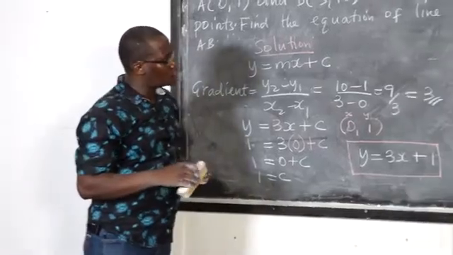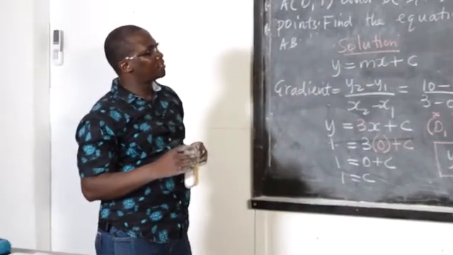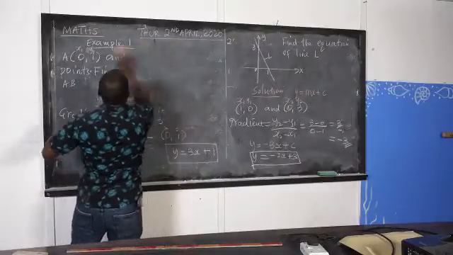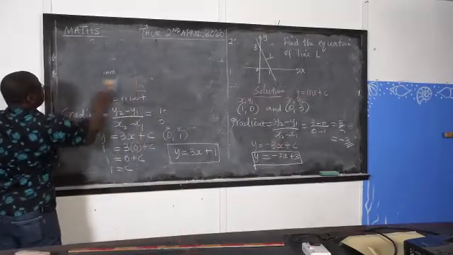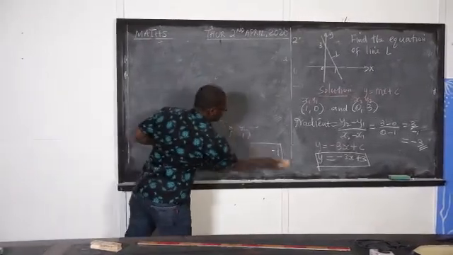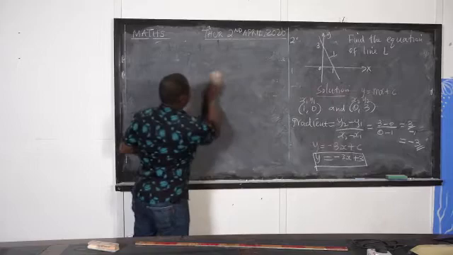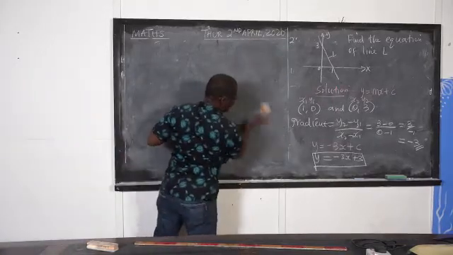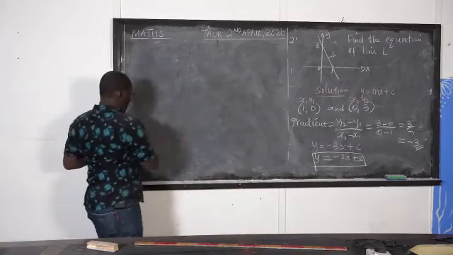So moving on, we are going to look at the gradients of parallel lines. I will give you an exercise by the end of this lesson for you to at least try in your own time.